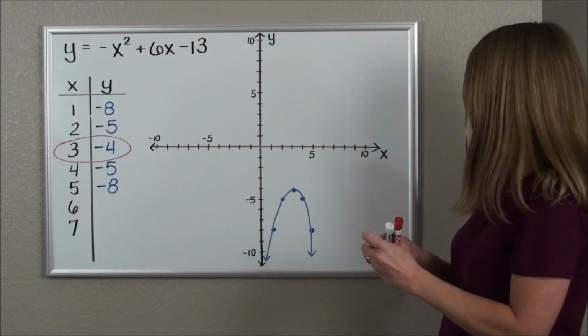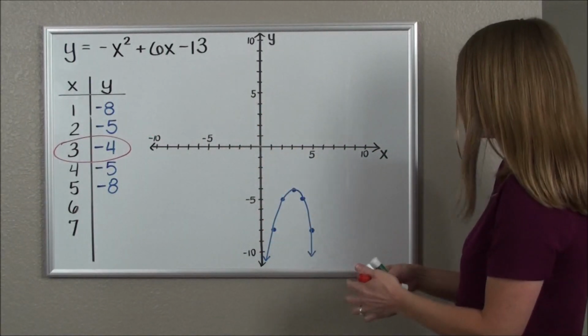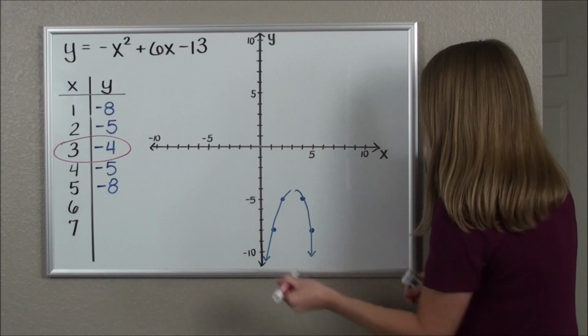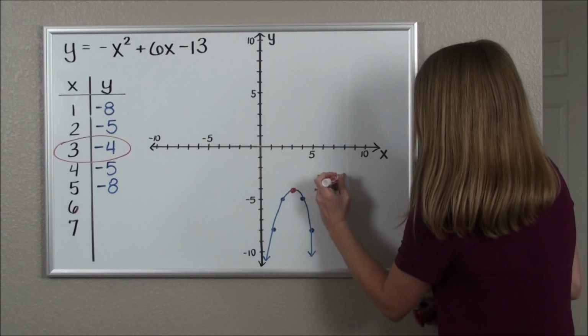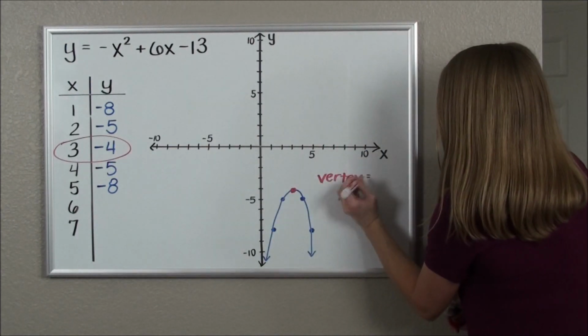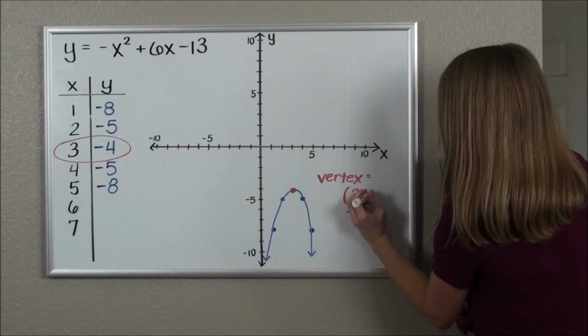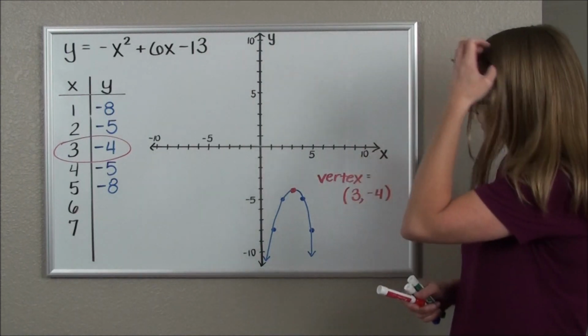There's my parabola shape. This time it's opening down, and that's because we had a leading coefficient that was negative. I can identify the vertex. In this case, it's the top of the hill here. The vertex, which we also saw in the table, was the point 3 comma negative 4. Remember, your vertex is always written as an ordered pair, x comma y.